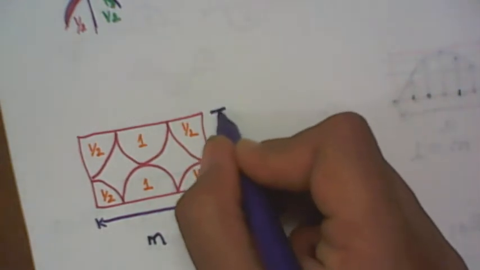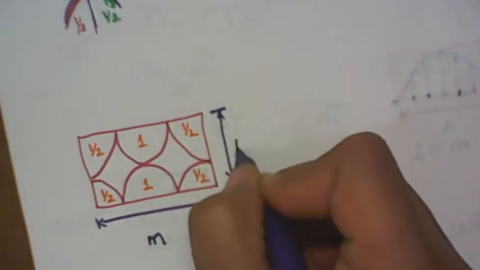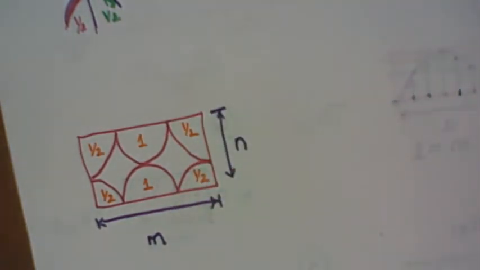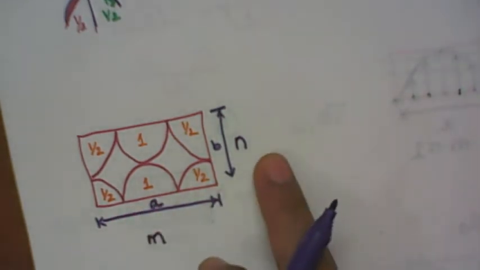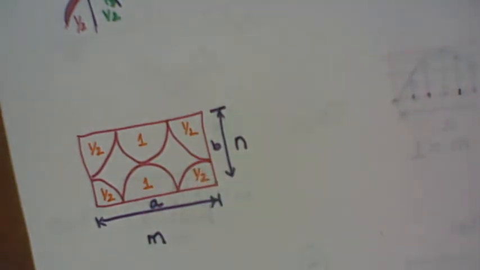That means I am representing that as m value, and towards the narrower dimension I am representing that as n value. Okay, this is my narrower dimension, I represent it as b, and this is my broader dimension, I represent it as a. But if I want to find out value of m and n, then m is always with respect to the broader dimension, n is always with respect to the narrower dimension.